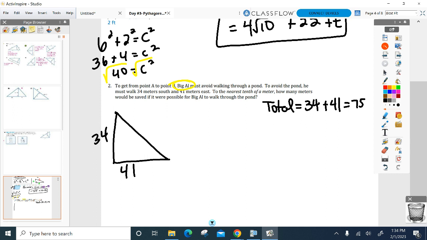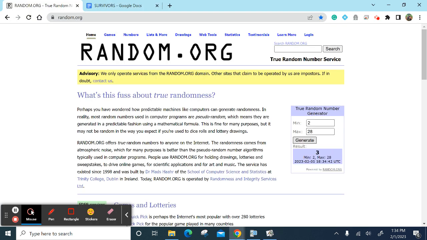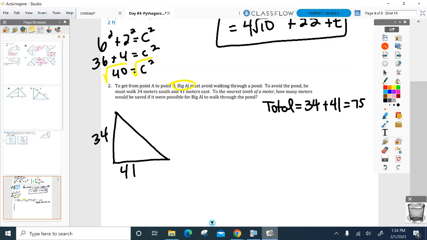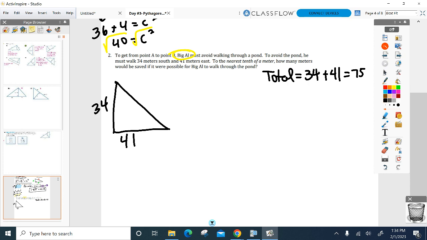So let's figure out, if you walk through the pond, how many meters that would be. Can we set up Pythag here for me? 34 squared plus 41 squared equals c squared. Forewarning, I'm about to get fired up here in a second because this is the first time this has happened in this class this year, and it won't be the last.